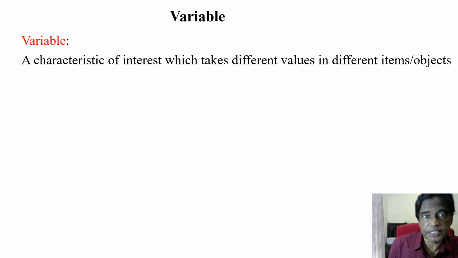Level of knowledge is a variable. Level of depression is a variable that differs from person to person, right? So in your research, you must know specifically what variables you're taking and how you're going to measure them later, right? What do you measure and how do you measure is very important. If we can't measure a variable, then it's useless.